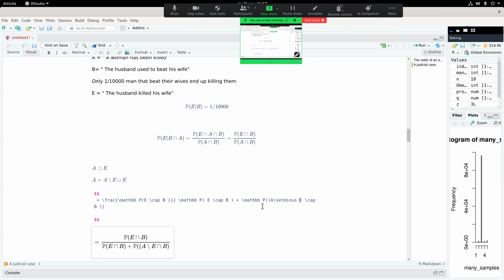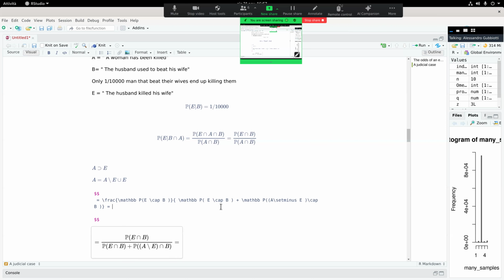Let me put the parentheses in a better way. So now we can take E given B as a common factor, and we will see that the odds will appear naturally. We are basically doing the same computation as before for the odds.